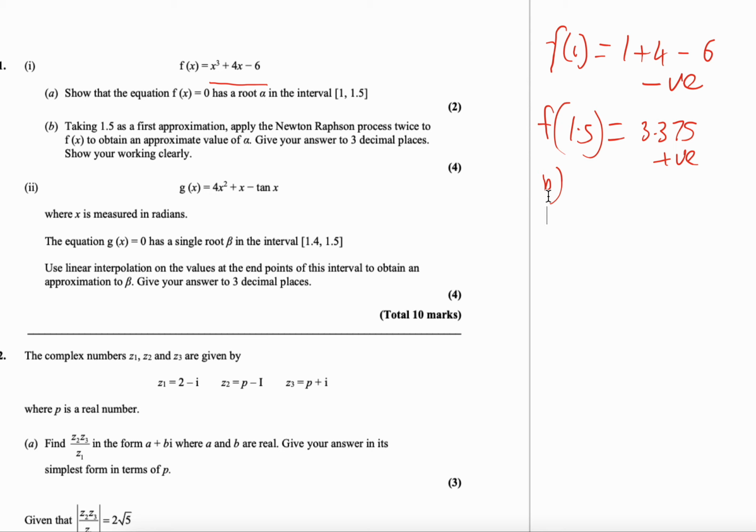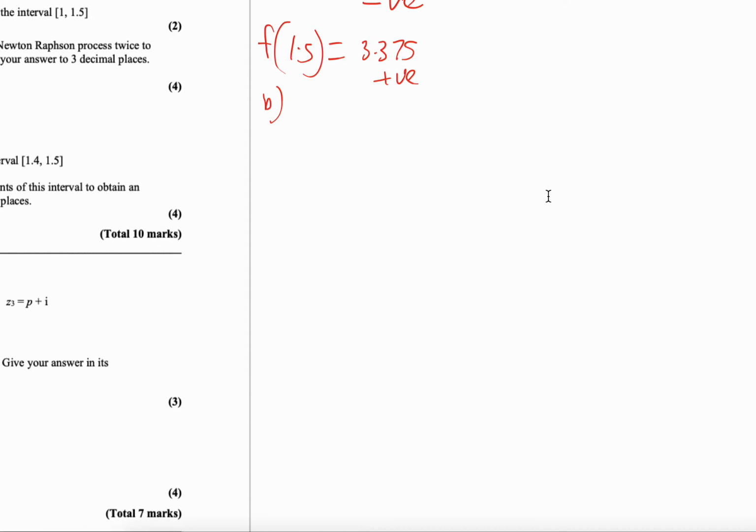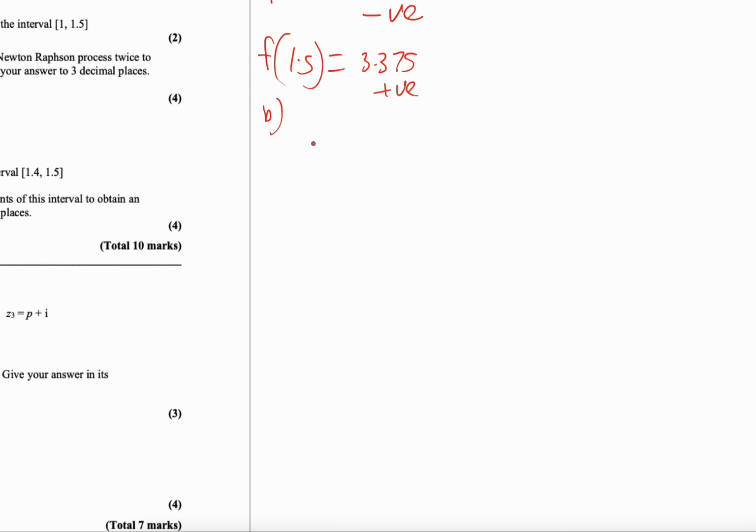Taking 1.5 as the first approximation, apply the Newton-Raphson process twice. Do you remember the formula for Newton-Raphson? x minus f of x over f dash x. So what you're actually saying is x n equals x n minus 1 minus f of x n minus 1 over f dash x n minus 1.